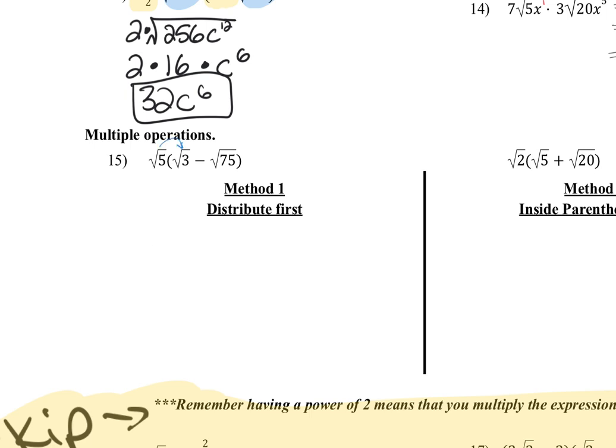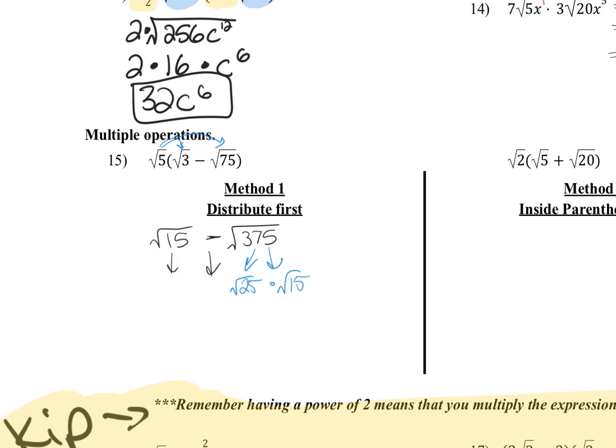We'll distribute square root of 5 times square root of 3, which is square root of 15. And then we distribute that square root of 5 to square root of 75, and we get square root of 375. So we can split up 375 into the square root of 25 and the square root of 15.